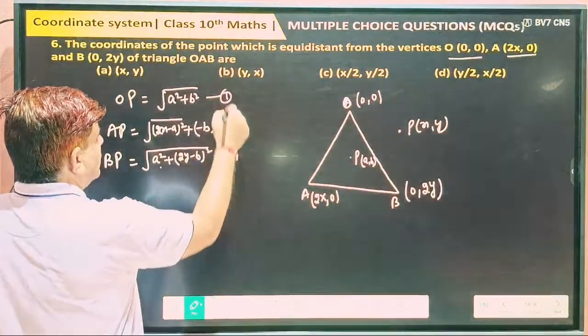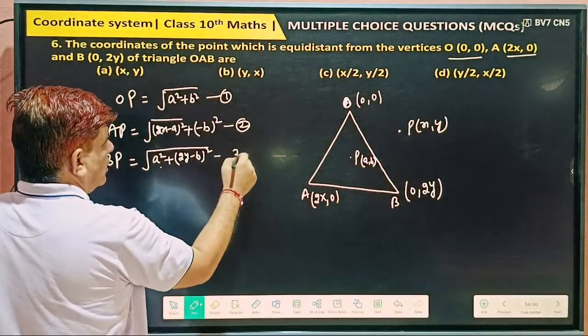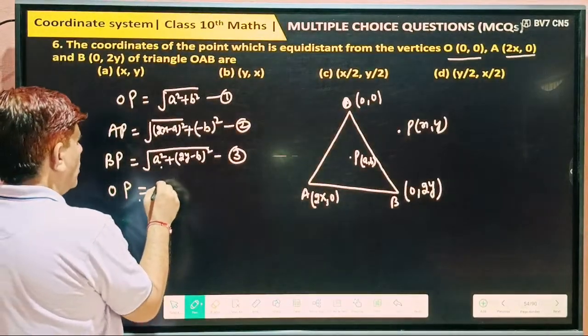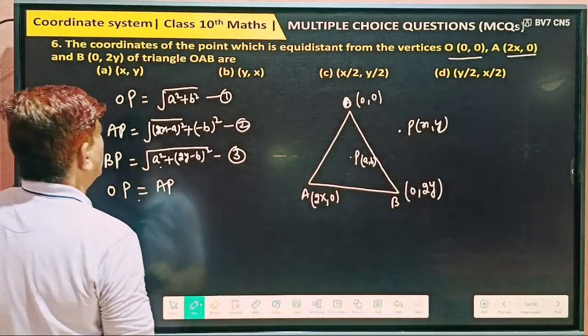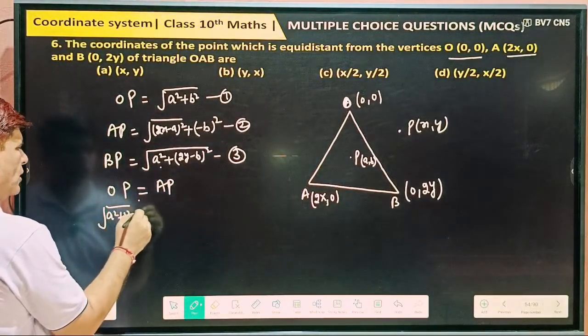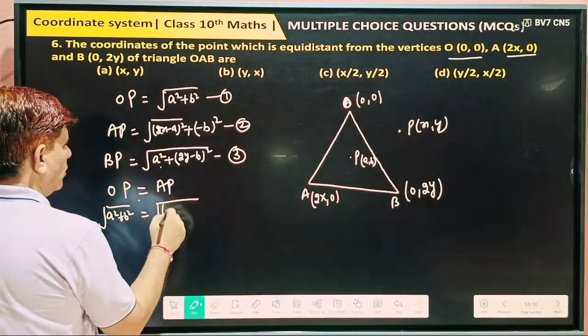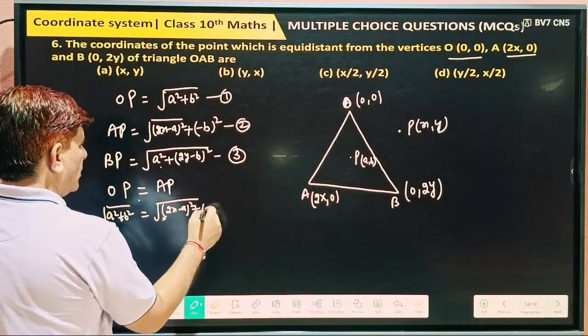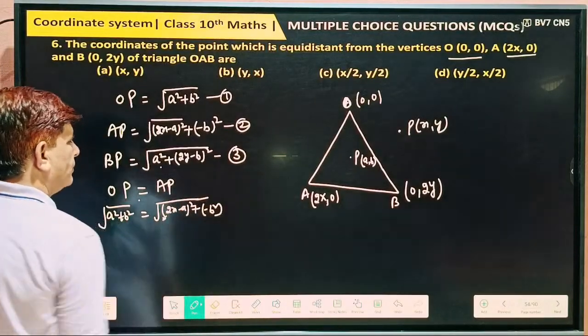This is your first, this is your second, this is your third. So OP equal to AP. So what's your P? Under the root a square plus b square equal to under the root 2x minus a whole square plus b square.